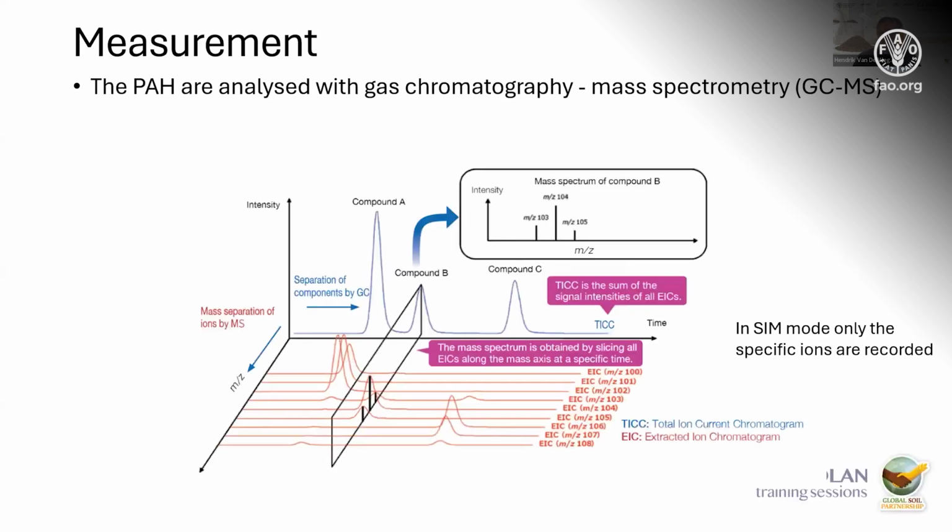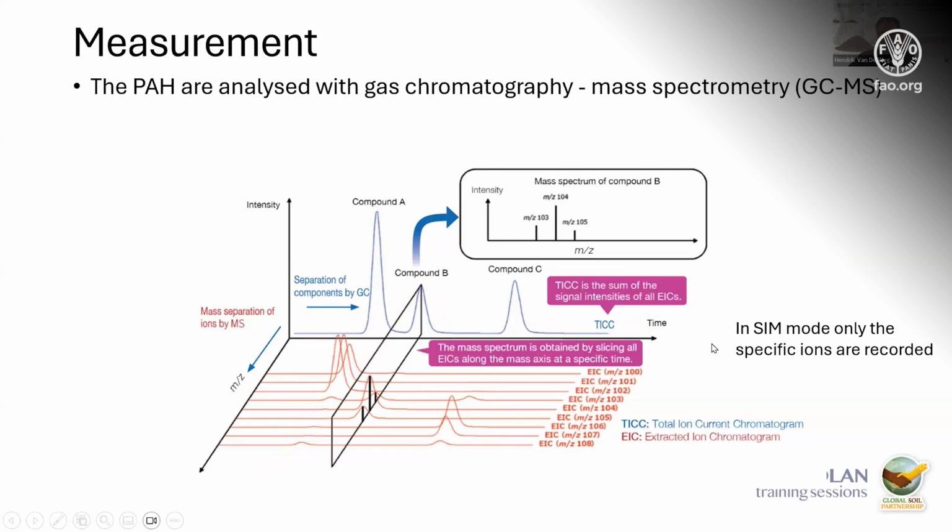Here you see the principle of selected ion monitoring. This is the chromatogram. You see the time goes from left to right. So this peak, compound A, is the first one eluting. Then we have compound B, and then we have compound C. With our detector, we take a mass spectrum, and we see the different masses that are characteristic for this compound.